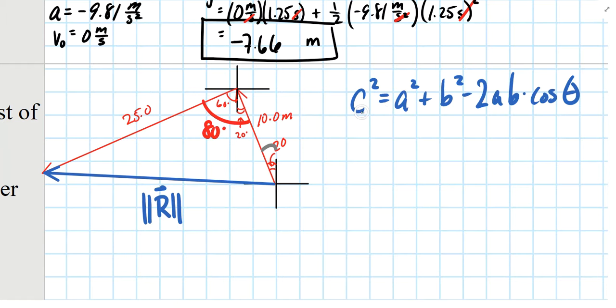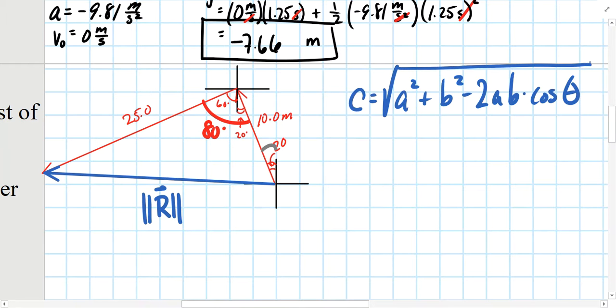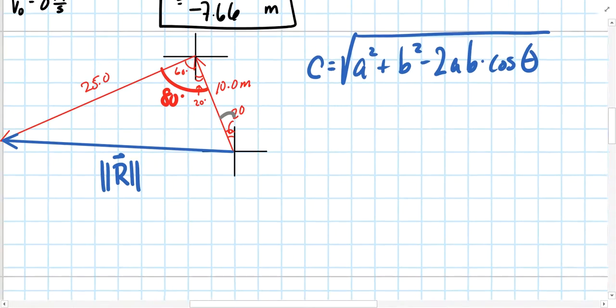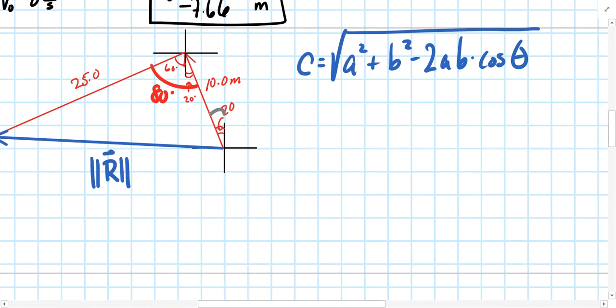So from trig class, you would have learned about this law of cosines formula. What I'm going to do is modify it just a little bit. C, the lowercase c, does represent the side length that we're after, but since the formula includes a c squared, and I want c by itself, I'm just square rooting both sides, and I've got this formula as a result, where lowercase a and b represent our two side lengths, in this case 25 and 10, and this angle measure, capital C, is the included angle in between.